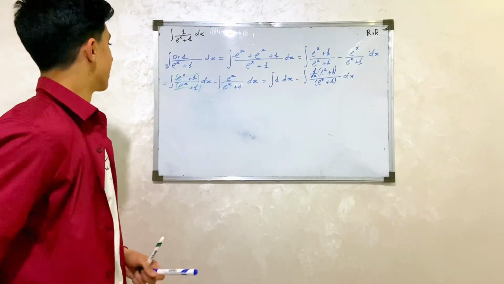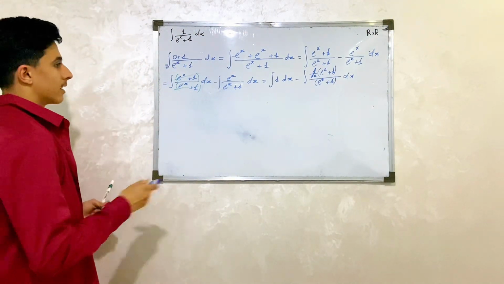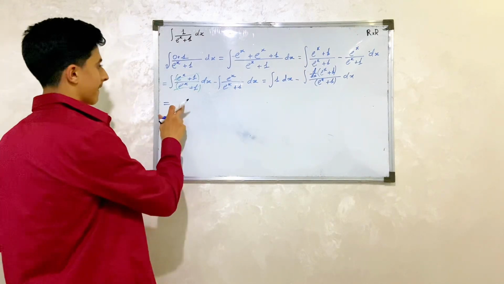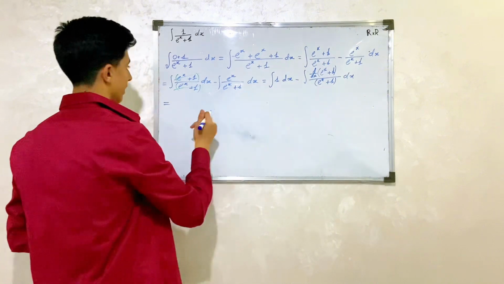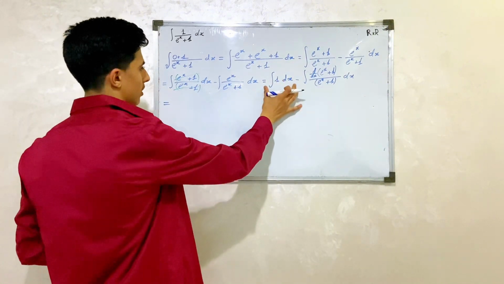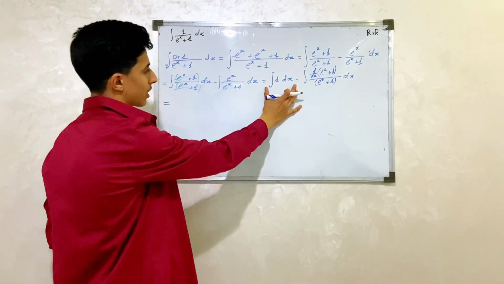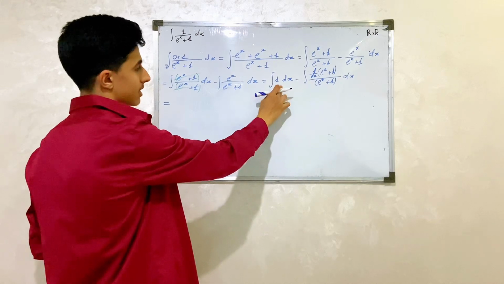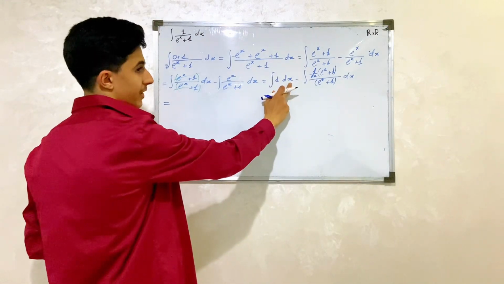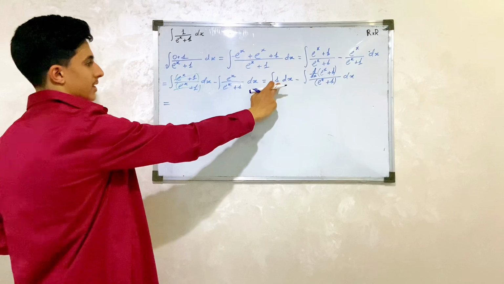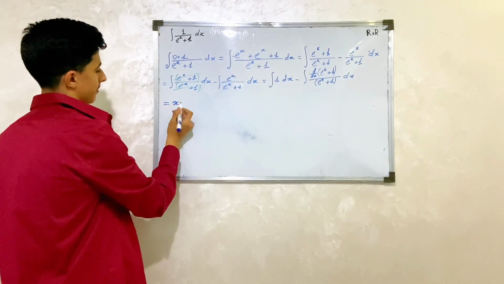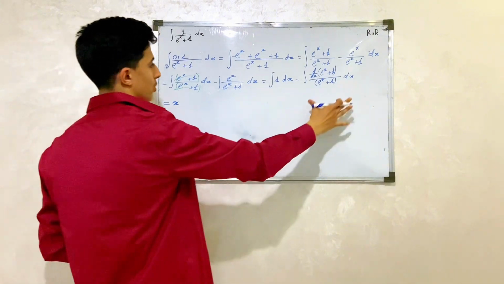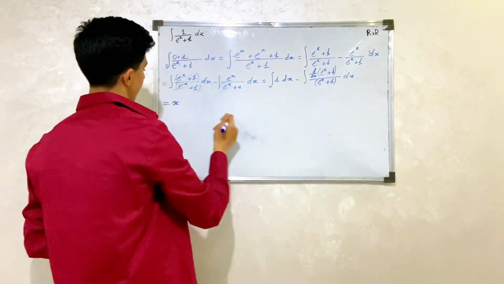Let's rewrite it. This gives us that this is equal to the integral of... First, we can just calculate this. We know that the integral of a constant is the constant times the variable. 1 times x is x. Now we are going to subtract this integral here.